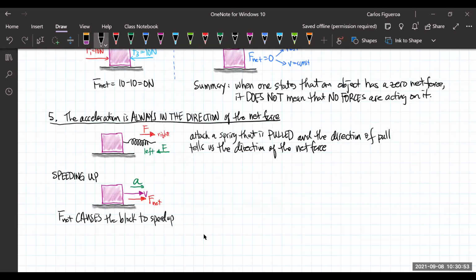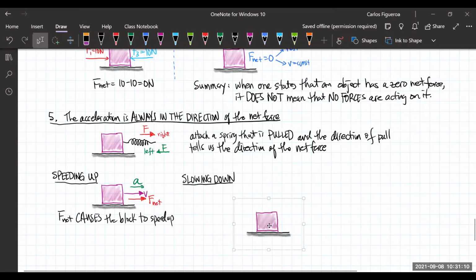No surprise. Let's do the same thing, but now, instead of speeding up, we're going to talk about slowing down. If I look at slowing down, what do I have to do with the spring now?